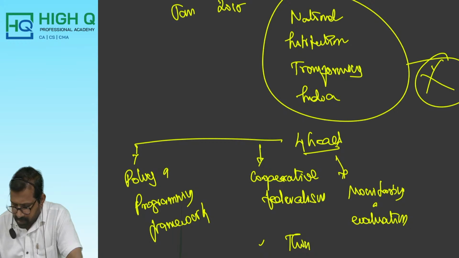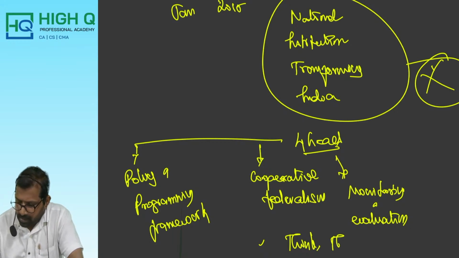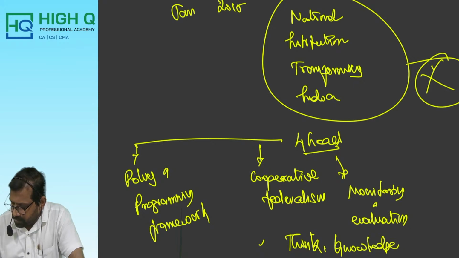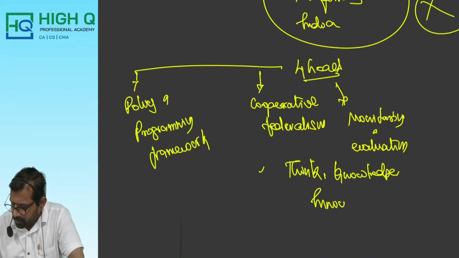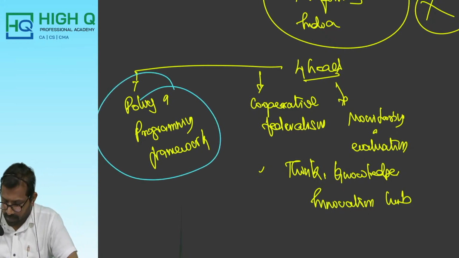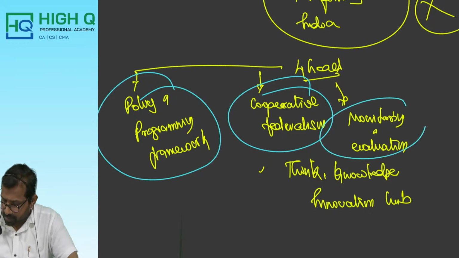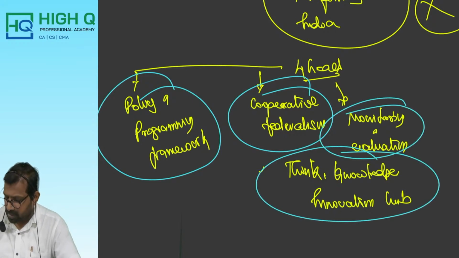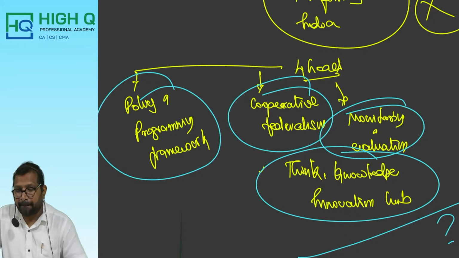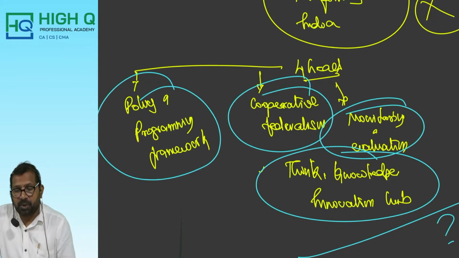Last one is think, knowledge and innovation hub. So there are 4 heads presented: policy and programming framework, cooperative federalism, monitoring and evaluation, think knowledge and innovation hub. All these are concepts which you need to go through in detail from your examination point of view.